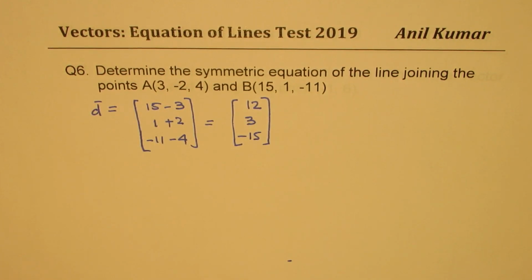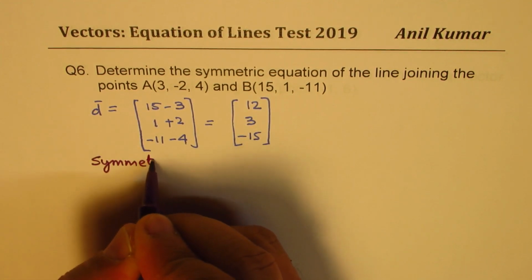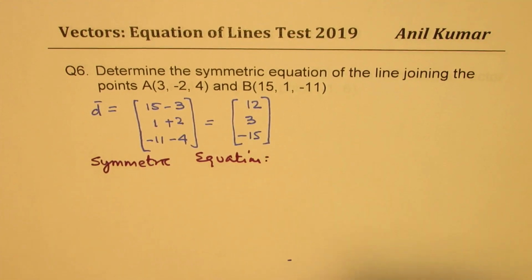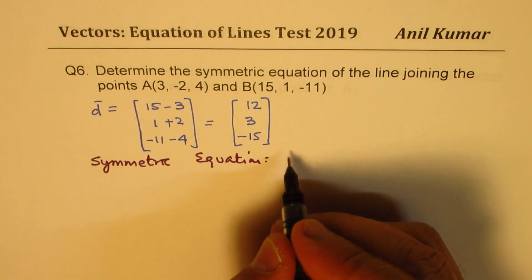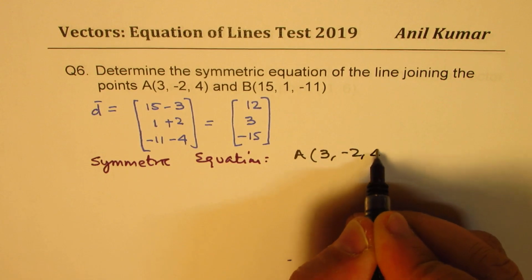So now the symmetric equation, we can write this using point A. We'll use point A, right, which is (3, -2, 4).